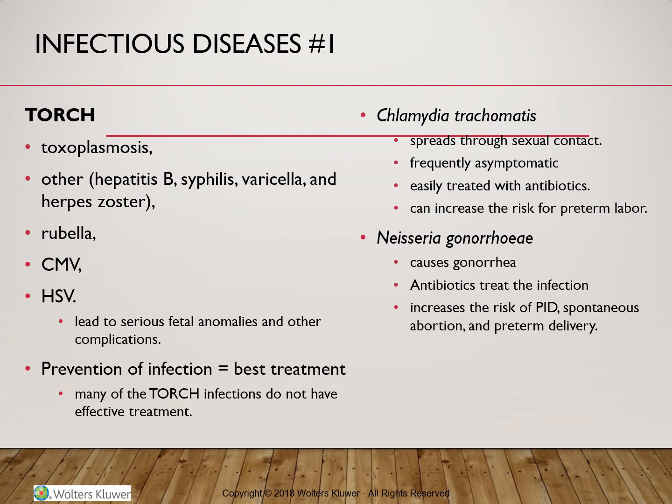Included here, we have some sexually transmitted diseases such as chlamydia and gonorrhea. Chlamydia is the most common STI, sexually transmitted infection, in the US, and is caused by Chlamydia trachomatis. Most women who have chlamydia will have no symptoms, and this will delay the diagnosis of the infection.